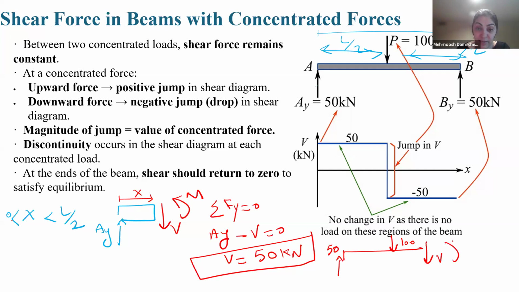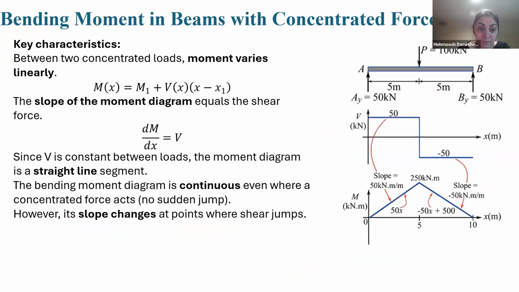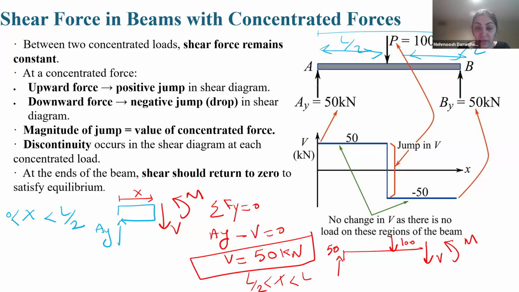And here is V and M. And X is between half L and L. Again, 50 positive, upward, 100 negative, minus V equals 0. We go to the other side and V should be minus 50.